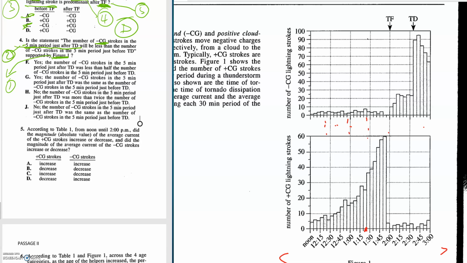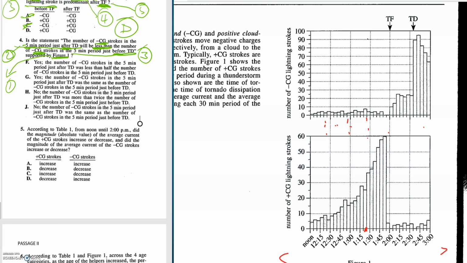That'll be step 2. And it's saying it will be less than the number of negative CG in the 5-minute period just before. So we have to find the negative CG strokes in the 5-minute period just after, and then the 5-minute period just before.